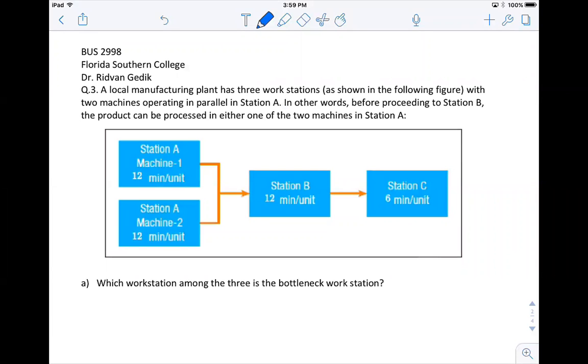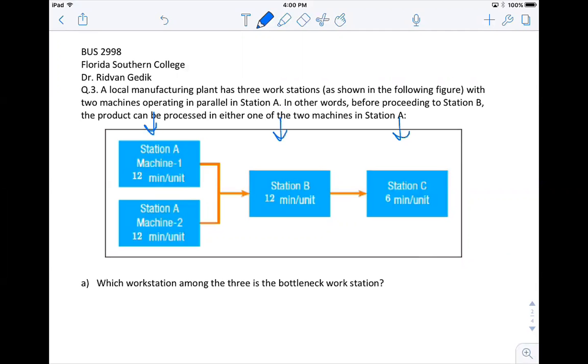So let's get started with question number 3 in the same practice set that I distributed. In this problem, we are given a manufacturing layout. In this layout, we have 3 workstations: station A here, station B is here, and station C is here.